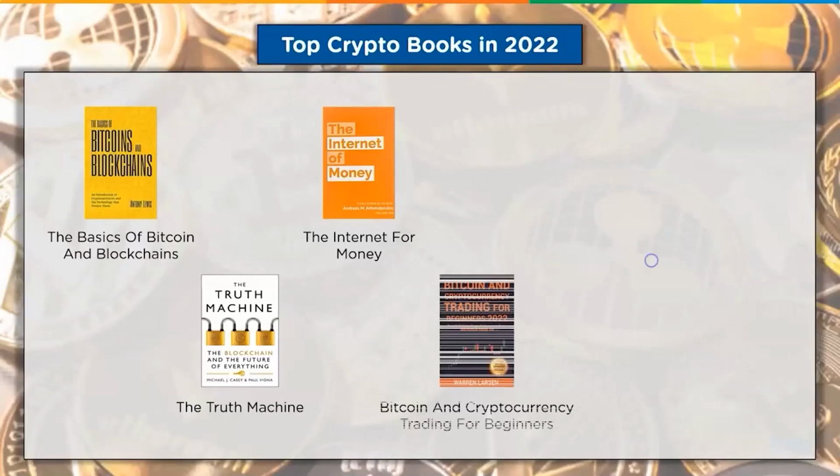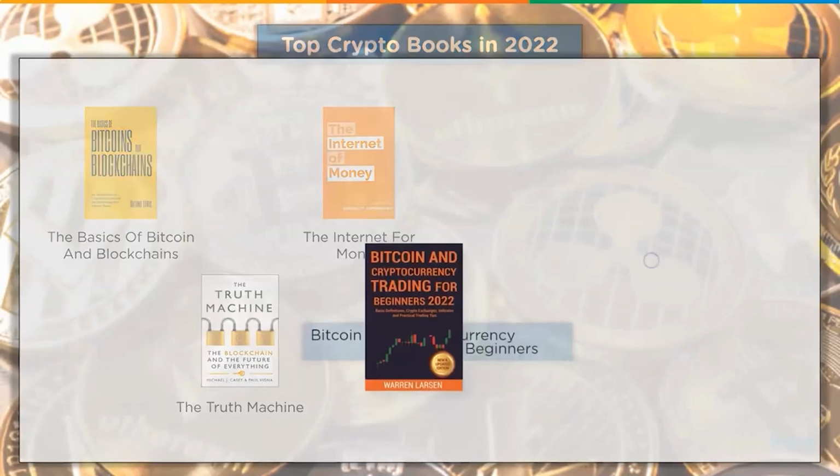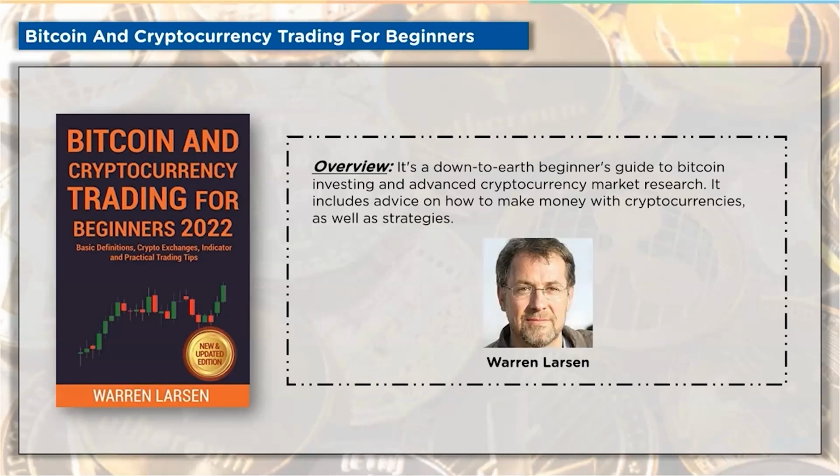So this brings us to the fourth book, and it is Bitcoin and Cryptocurrency Trading for Beginners 2022, written by Warren Larson. It's a down-to-earth beginner's guide to Bitcoin, investing, and advanced cryptocurrency market research. It includes advice on how to make money with cryptocurrencies, as well as strategies for picking the right coin and protecting your assets, as well as step-by-step instructions for creating and selling your own NFTs.